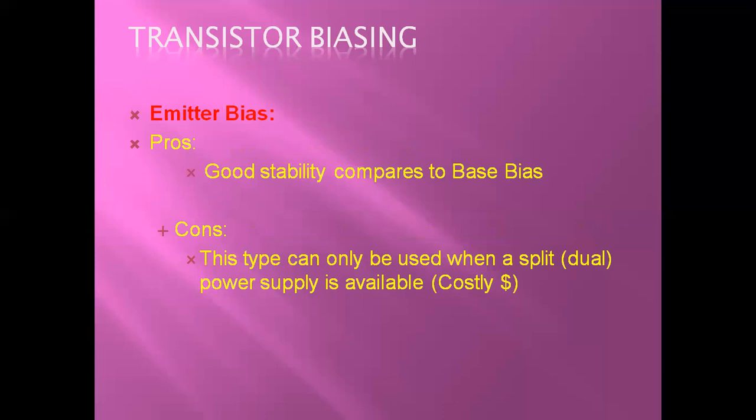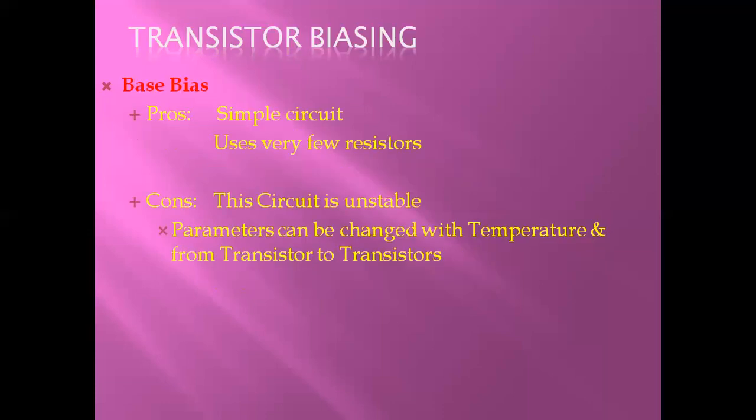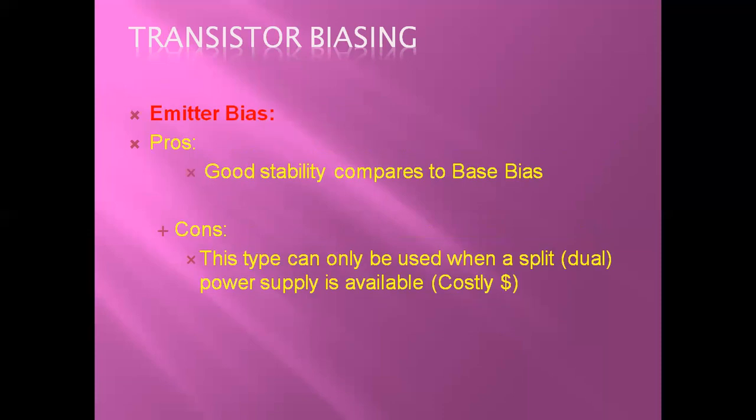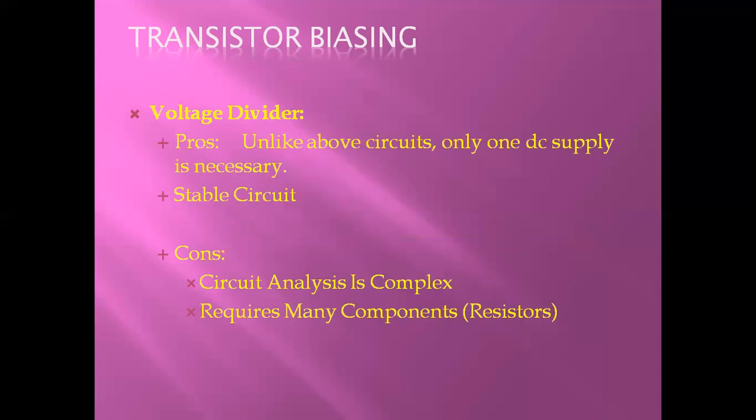Coming to emitter biasing, its main prospect is that it has good stability when compared to the base bias. So base bias, emitter bias, good stability.